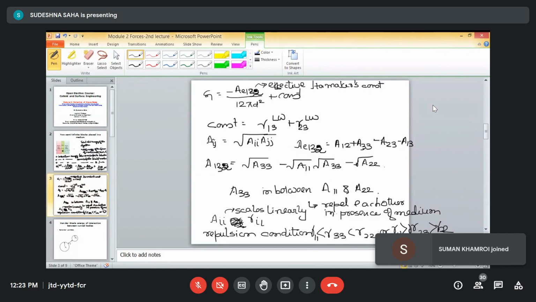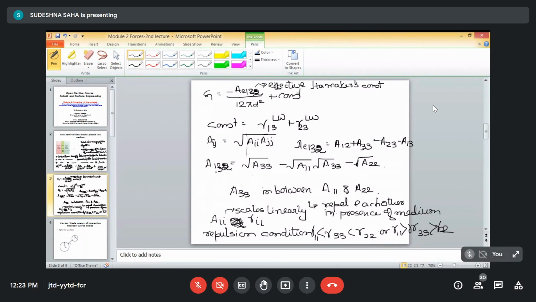A11 and A22? Okay, no, because from this equation, just look at this equation over here. Depending on whether our Hamaker constant is negative or positive, it will be either a repulsion or an attraction force, right?